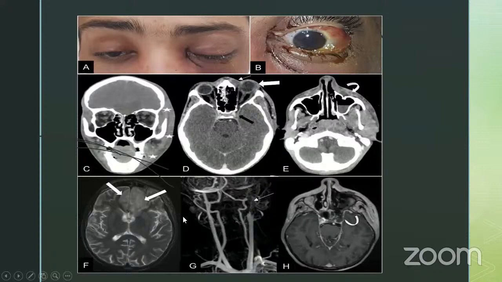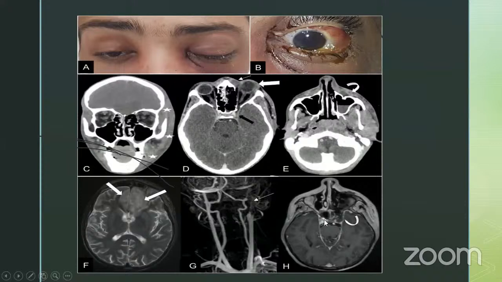This MRI brain image shows frontal lobe involved lesions, and the MR angiographic image, which images the intracranial vessels, shows thrombotic occlusion of the left internal carotid artery. Herein we can see the normal internal carotid artery. Here we don't see such a normal appearance, suggestive of thrombotic internal carotid artery.